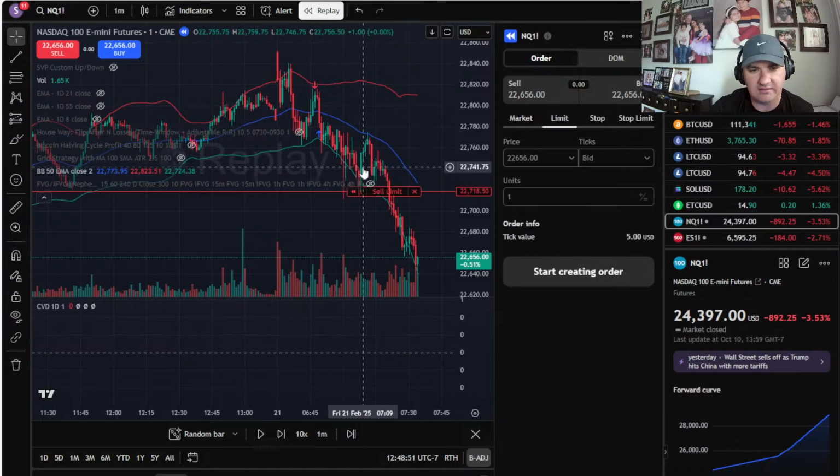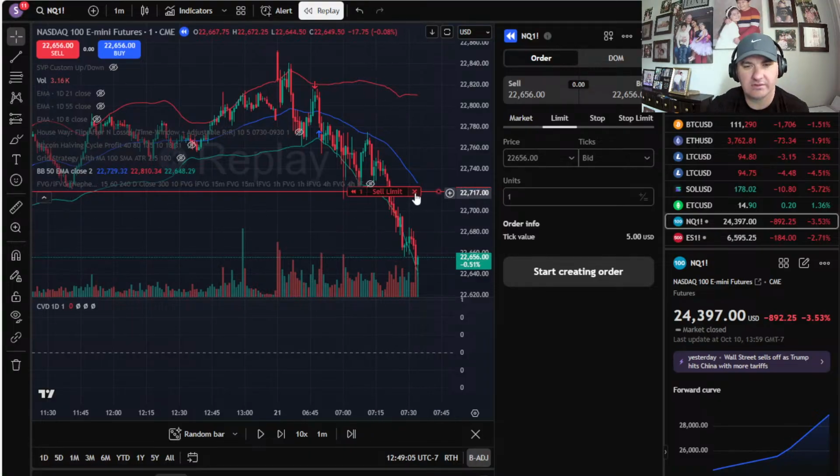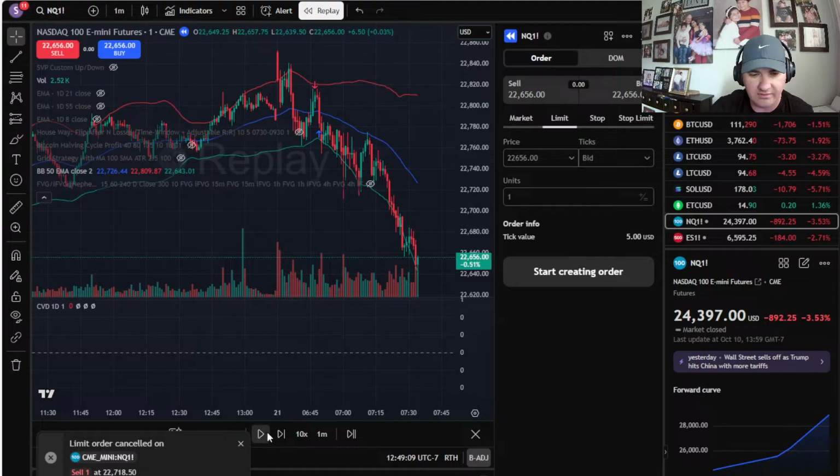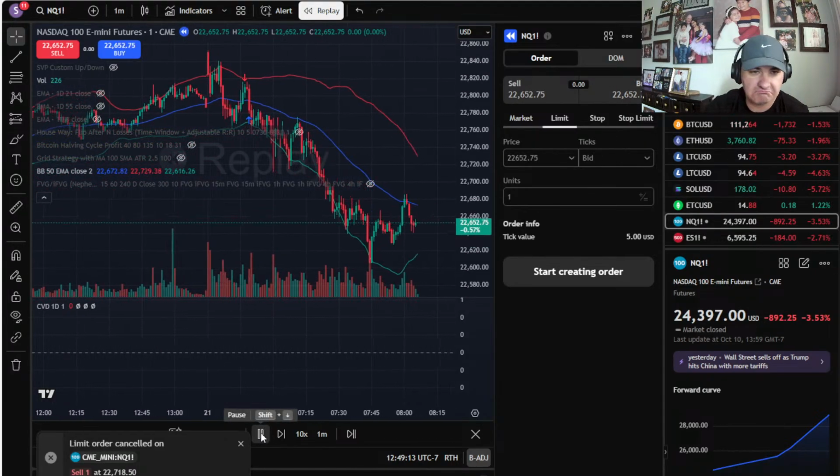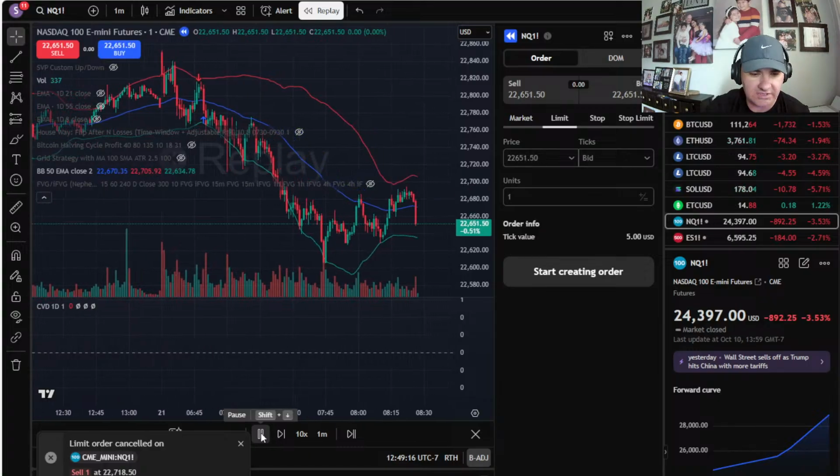We had this bullish fair value gap, which then inverted here, but then I would have traded that pullback right there. I would have traded that short. So let's just cancel order, play to the next day, and just see how we do.